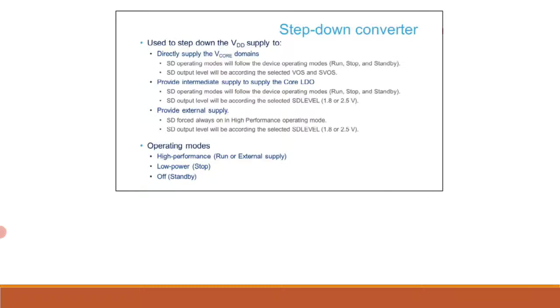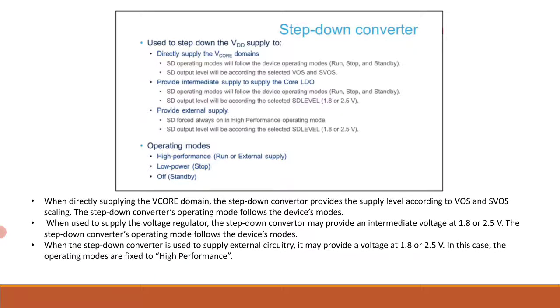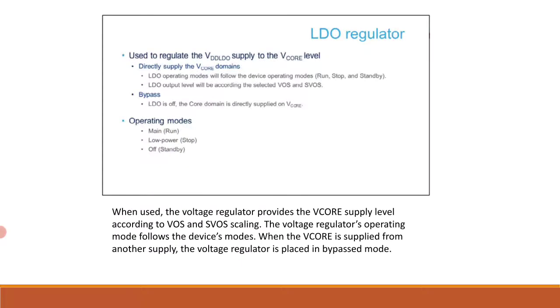So when used, the voltage regulator, the LDO regulator, provides the V-core power supply according to VOS and SVOS scaling. The voltage regulator operating mode follows the device mode when the V-core is supplied from another supply.